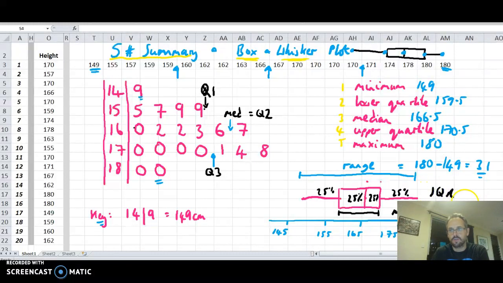And to find that, we would take the upper quartile, 170.5, and take away the lower quartile, 159.5, and the interquartile range would give me, what would that be? 11. So the interquartile range is 11. So the middle 50% of students, their heights vary by 11 centimeters.